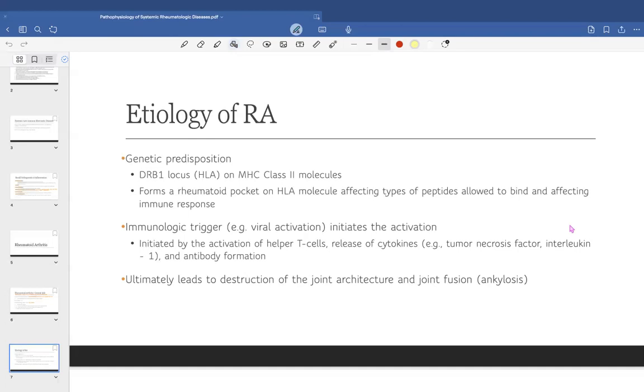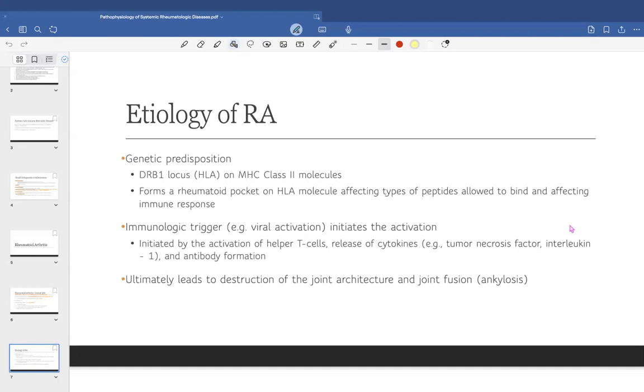Another class of drugs that's used is your leukotriene inhibitors or your interleukin-1 inhibitors specifically. So you're going to see that the drugs we use target very specific causes of the inflammation in rheumatoid arthritis. The inflammation itself is what ultimately, over time, is going to lead to joint destruction and potentially even fusion of the joints, which we call ankylosis.